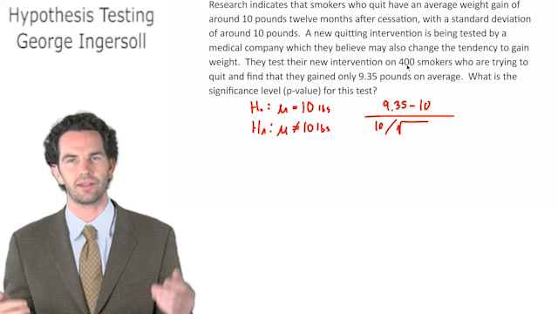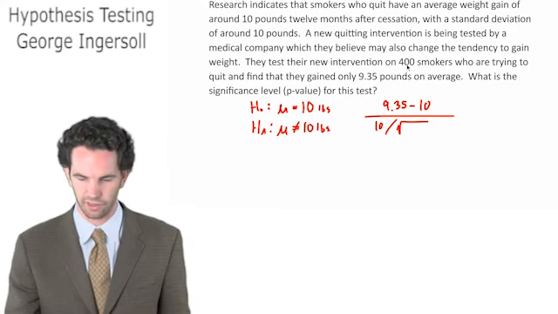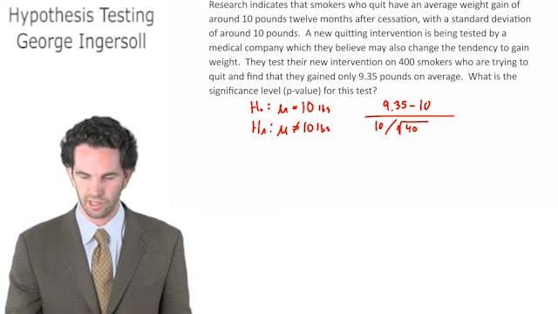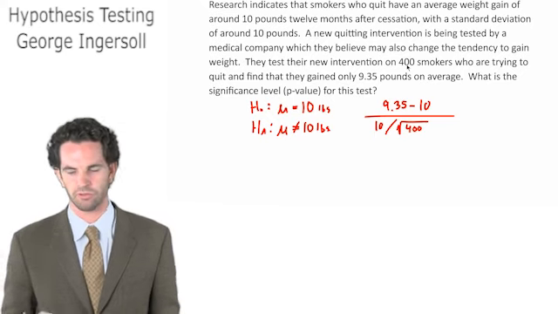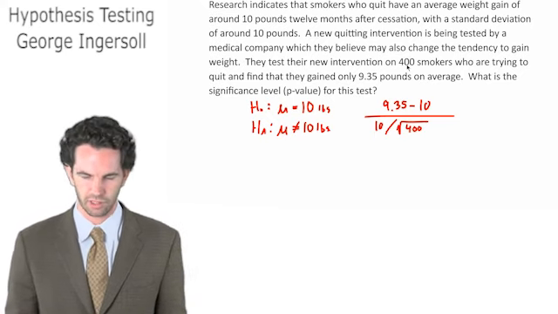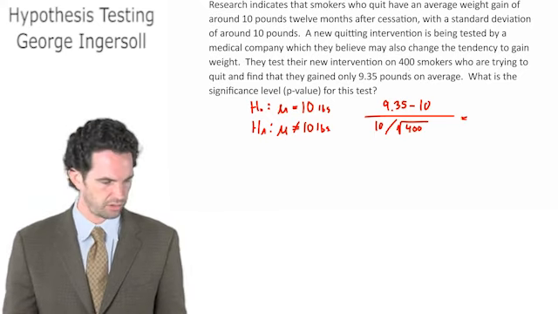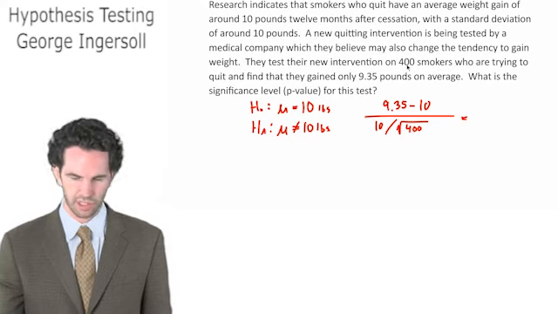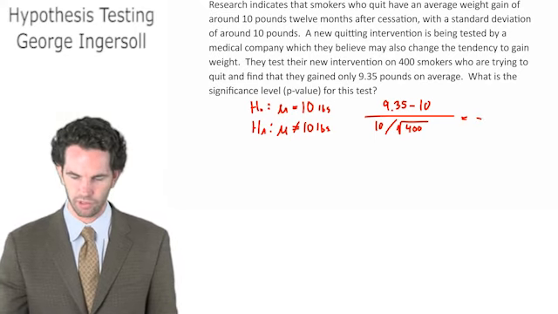I didn't write everything down this time. I figure you guys are sick of seeing me write it all out. But our n is 400. Square root of 400 is going to be 20. So we can calculate this whole thing out, and we get negative 1.3.